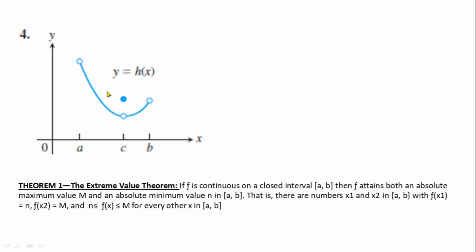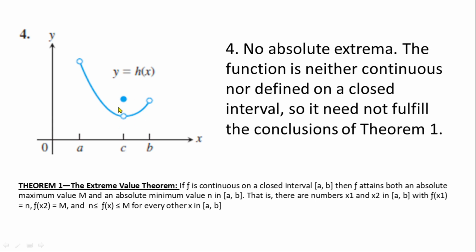Another example: these intervals are open intervals and the function is not continuous. There are discontinuities. So absolute extreme values may or may not exist. No absolute extrema. We cannot say what the absolute maximum is.